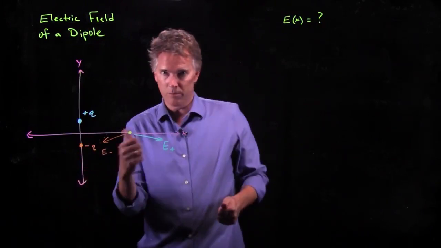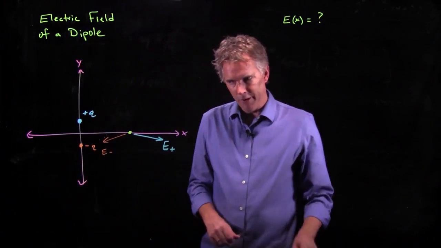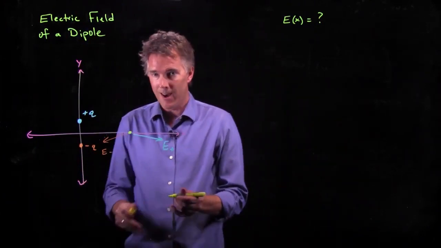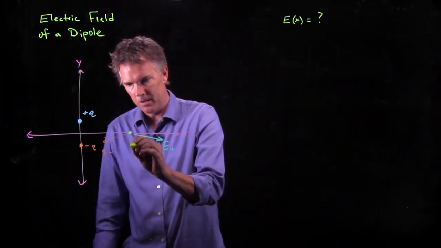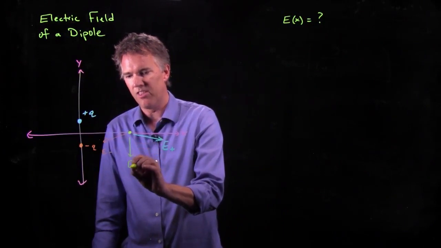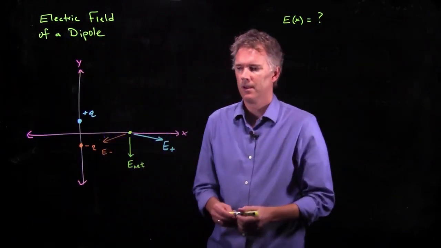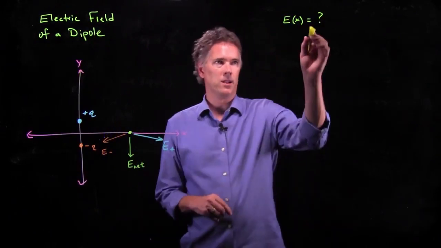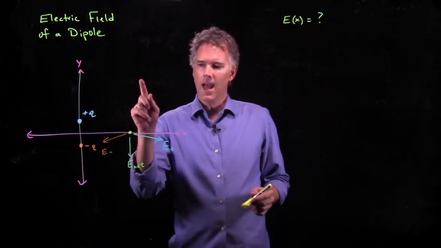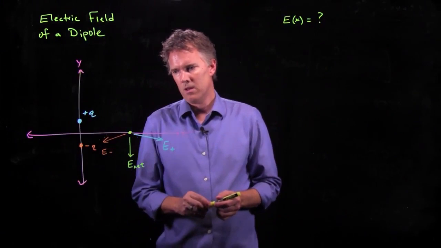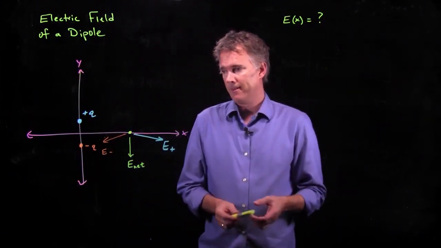One's pointing to the right, one's pointing to the left. But the vertical components of the field are not going to cancel, they're going to add up. So this is the net electric field right there. Okay? That's what we want to calculate right here. What is this E at position X? All right, so we've got to figure that one out.